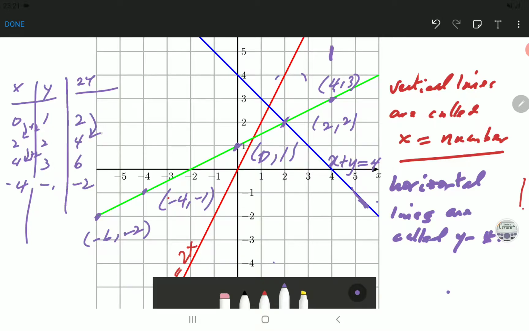Now you can see that all of a sudden these are also going up in twos, which is the same as what's happening there, which perhaps is a bit promising.